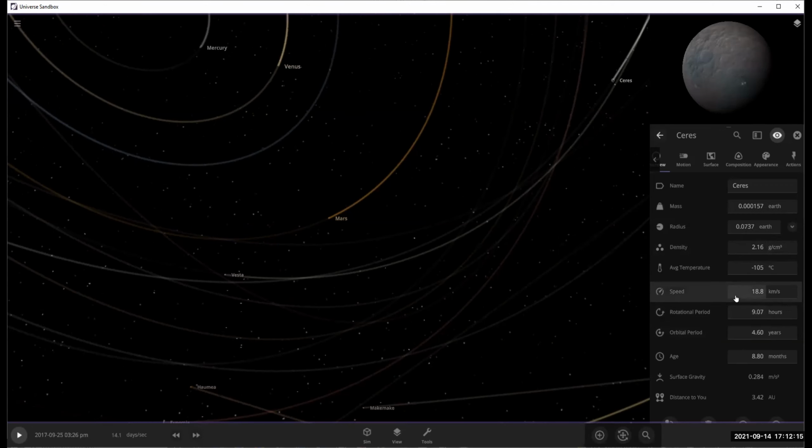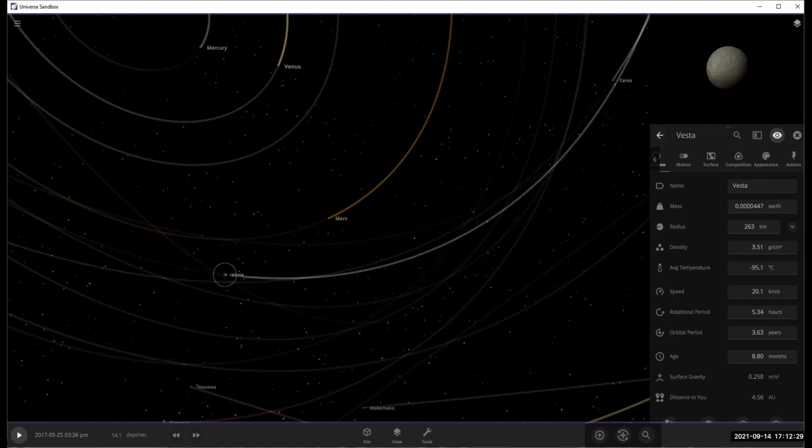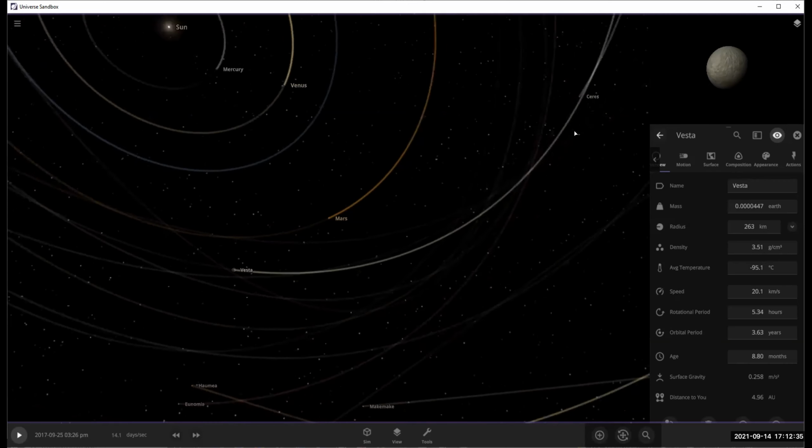And if there are oceans, maybe there is a possibility for some sort of alien life living in these oceans. So this is Ceres, and there is also this tiny object in here, Vesta. Vesta is another dwarf planet that exists in the same belt.